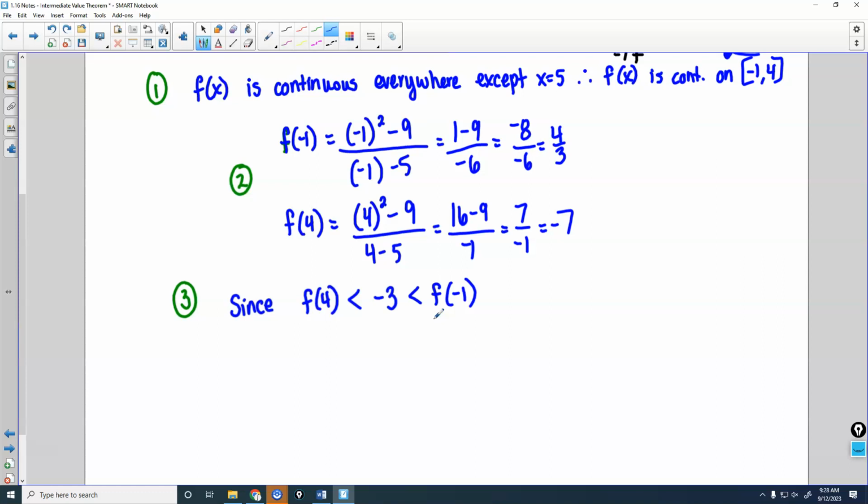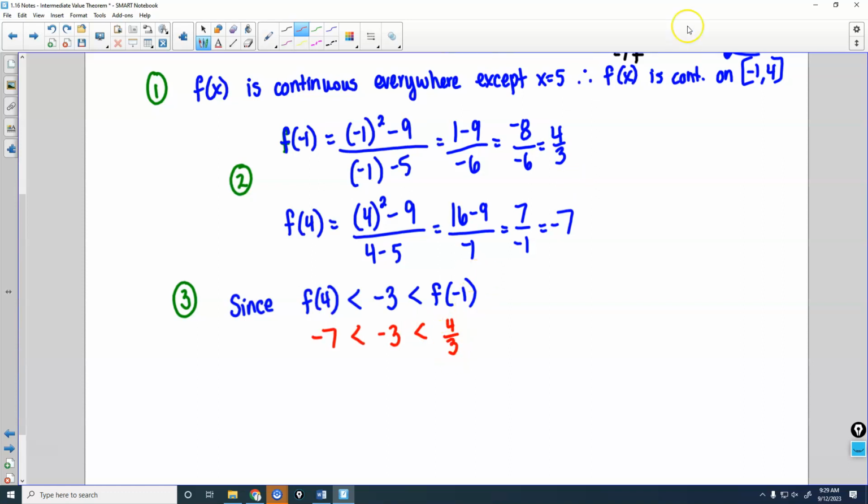So let's talk about some options on this. As long as up here you labeled this f of -1. If you didn't label this f of -1, you must label this. If you label it like this, it is okay to, instead of this, write -7 less than -3 less than 4/3.